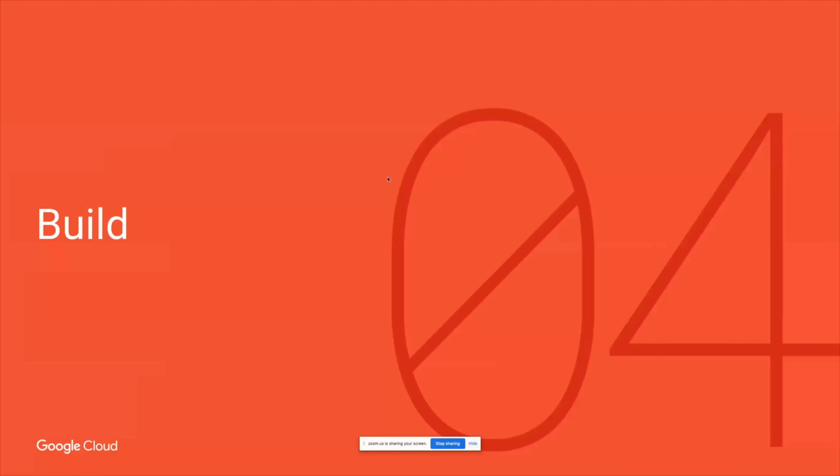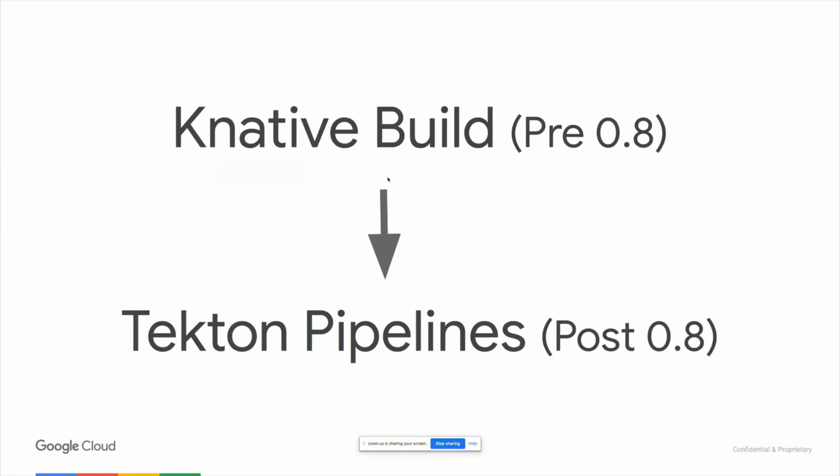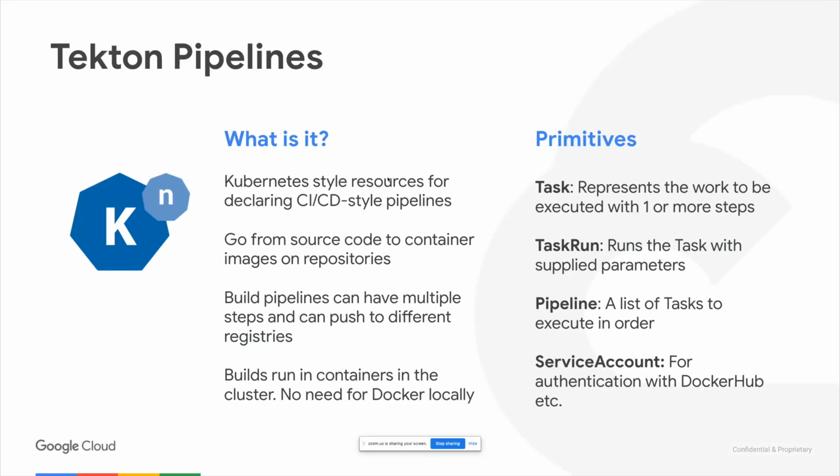I'm already out of time, but just to mention briefly, in Knative, there used to be a component called Knative Build. This was probably like 3 or 4 months ago, but it turned into something new called Tekton Pipelines, which is a separate project now. And you can install Tekton on any Kubernetes cluster, and it gives you a way of doing CI/CD style pipelines using some primitives like task and task run and pipeline and service accounts.